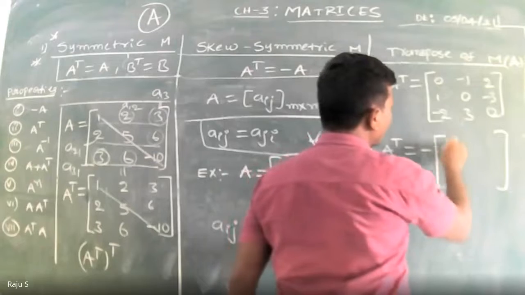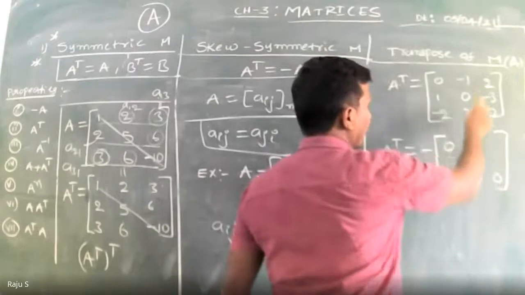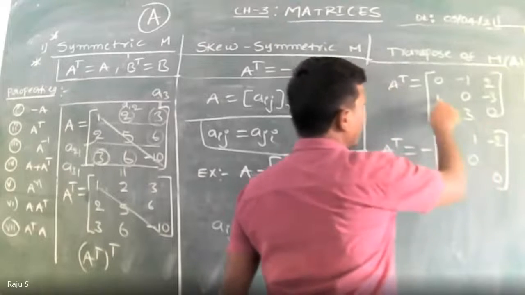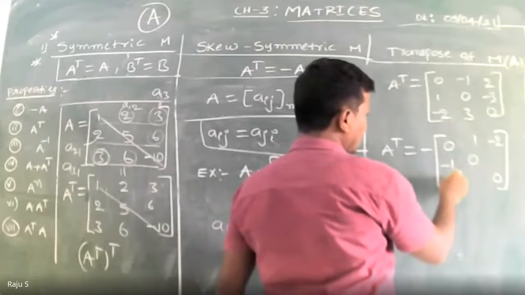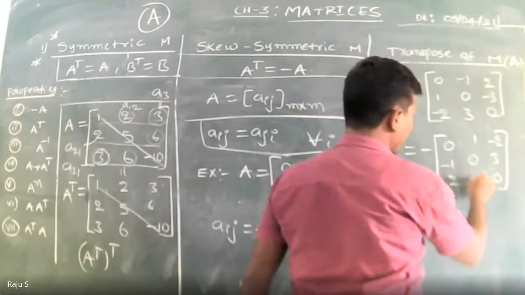But when I take minus common outside, the diagonal elements are 0 only, minus 1 becomes plus 1, minus 2 becomes plus 2, and plus 3 becomes minus 3.